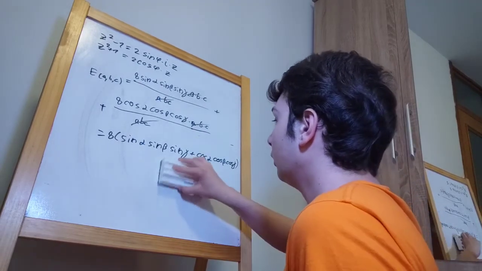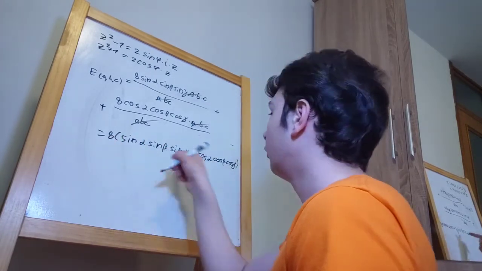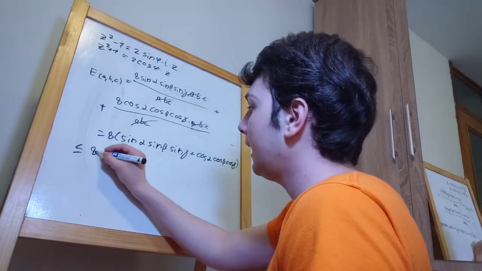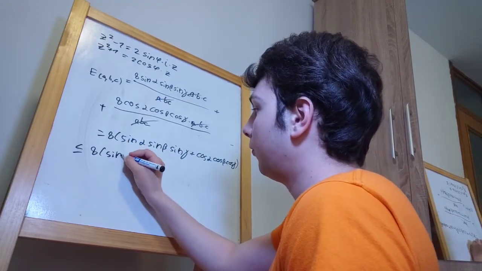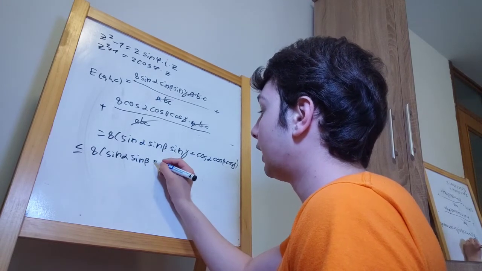So what we can derive from this expression is that it's smaller than 8 times sine of alpha, sine of beta, times 1.